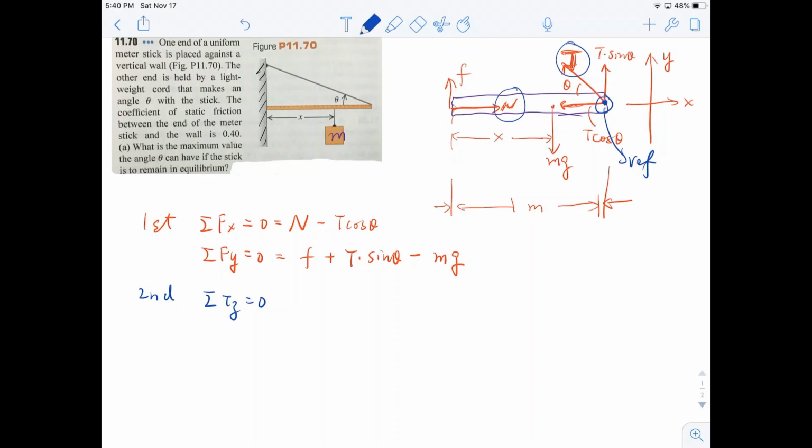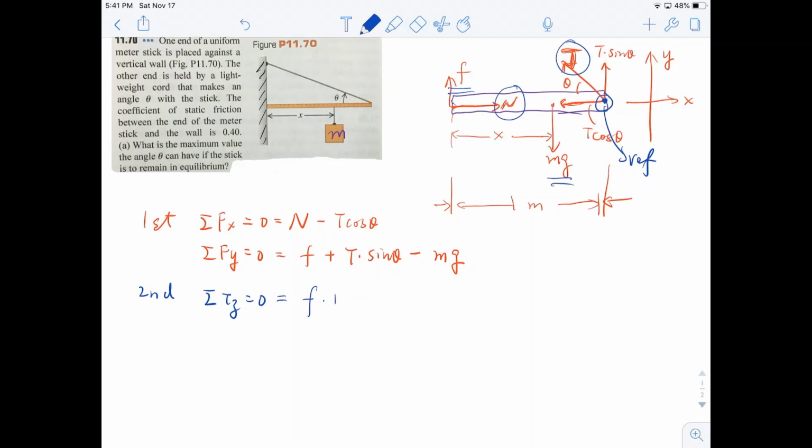And we have the other two forces, the friction force and the weight, that we need to consider. So around this reference point, let's write out the torque. The friction force is giving a counterclockwise torque, that will be F, and the lever arm here is basically the whole length of the meter, that will be 1.